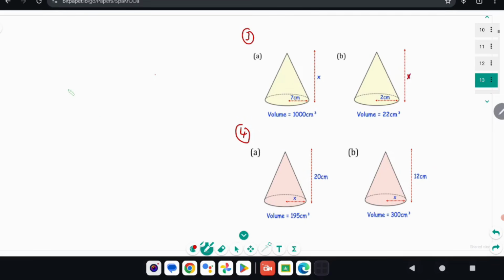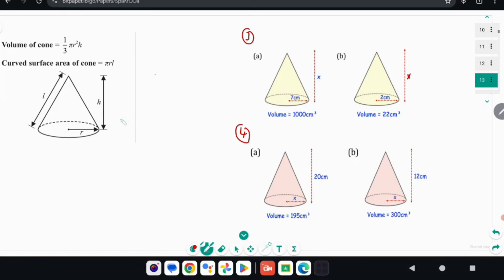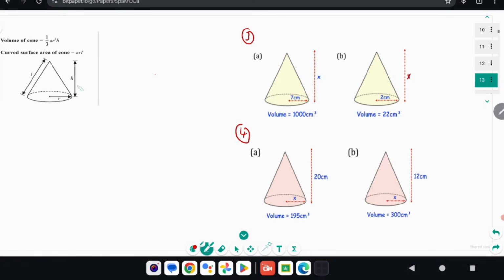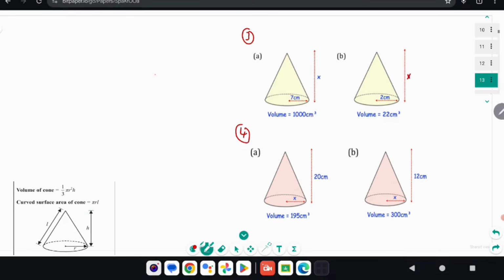So these will be more reversing calculations, which you need to be able to do to access the high level questions they have on the exam for this topic. So we know 1/3 times pi times 7 squared times x is equal to 1000.